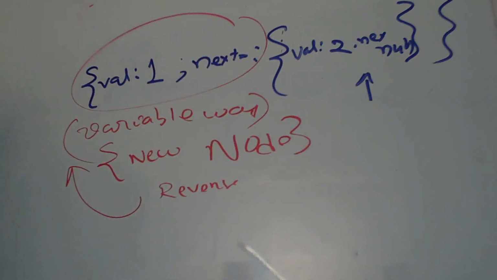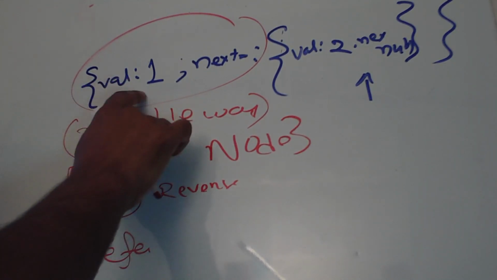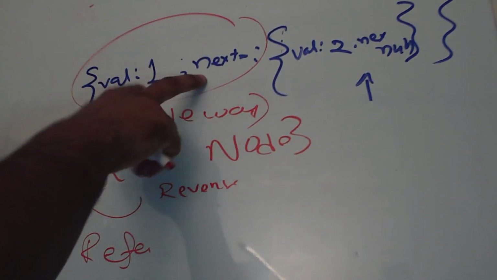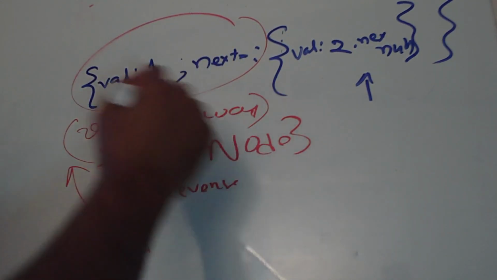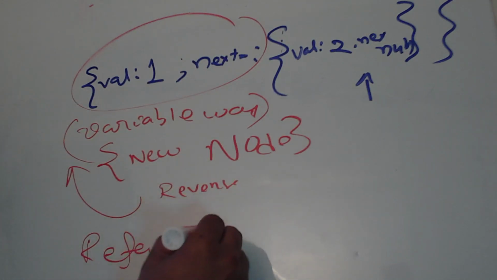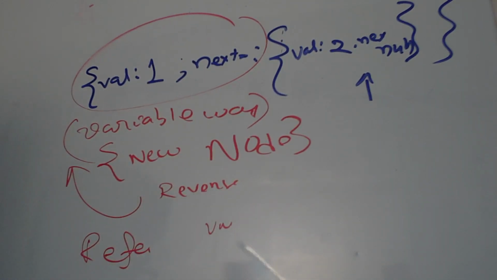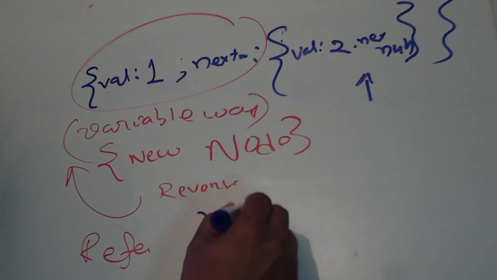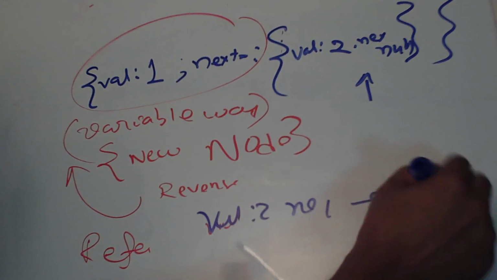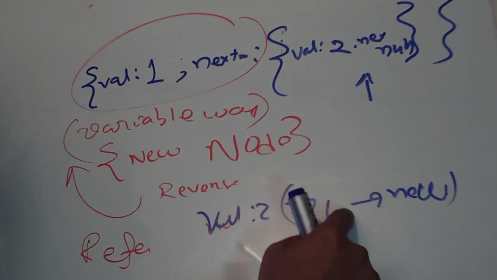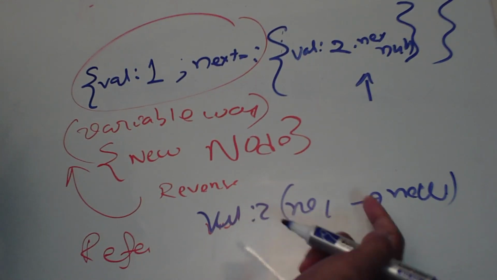But there is another way to reverse the linked list, by using the reference method. In the sense that we're going to use the same object, but we're going to keep changing the references. For example, if we reverse it, the first value will become 2, then next will become this 1, and the next pointer of the variable 1 will become null.